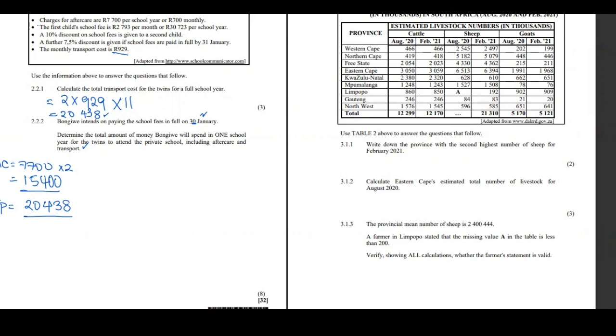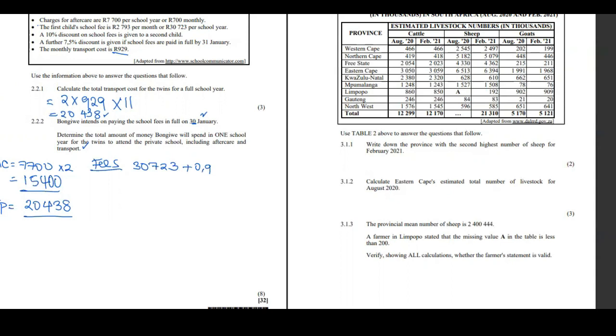Then we look at the school fees. In 1 year, annual, only one child has to pay this much. You understand? 30,723 rands. Then the other person is going to get a discount of 10%, simply meaning it's going to pay 0.9, which is 90%.